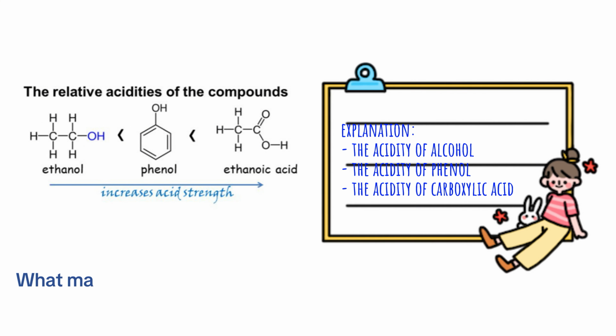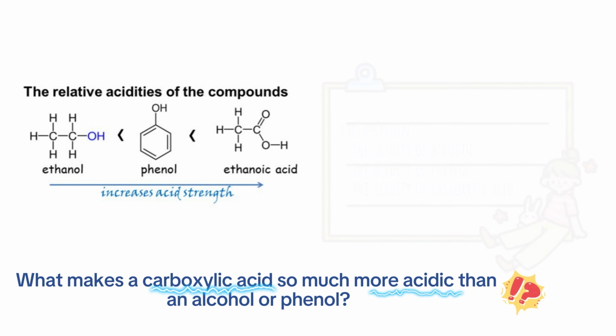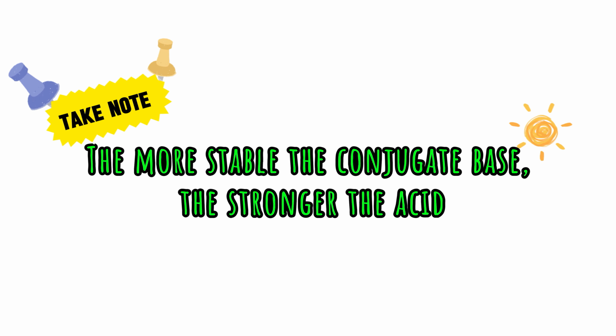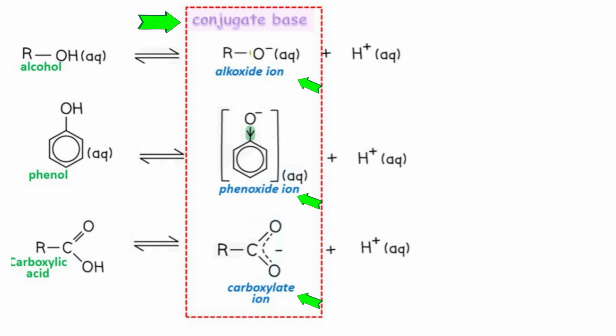My dear students, what makes a carboxylic acid so much more acidic than an alcohol or phenol? The dissociation of the organic acid will produce the following conjugate bases.